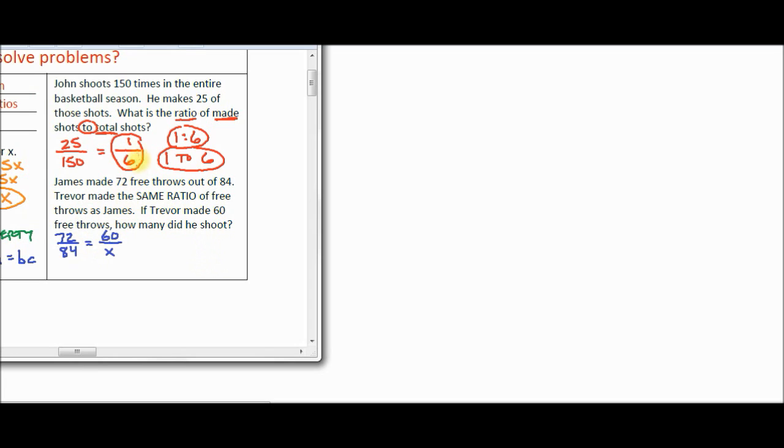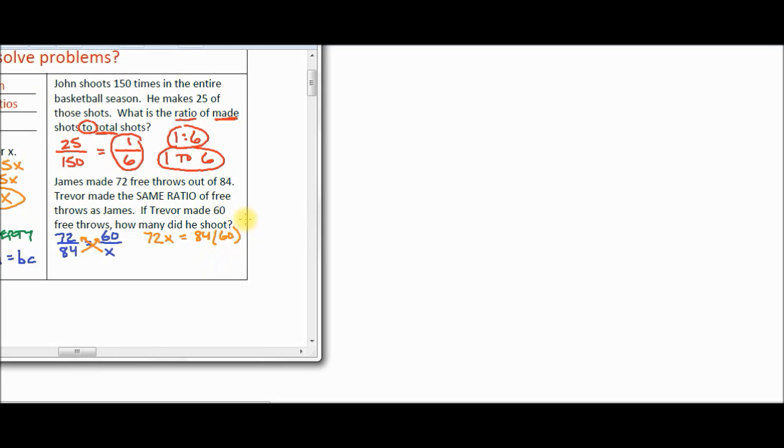All right, let's go ahead and do our cross product. So we're going to do 72 times x. Remember, this is going to go to here. So this is going to be 72 times x is equal to 84 traveling over to the 60. It's going to be 84 times 60.